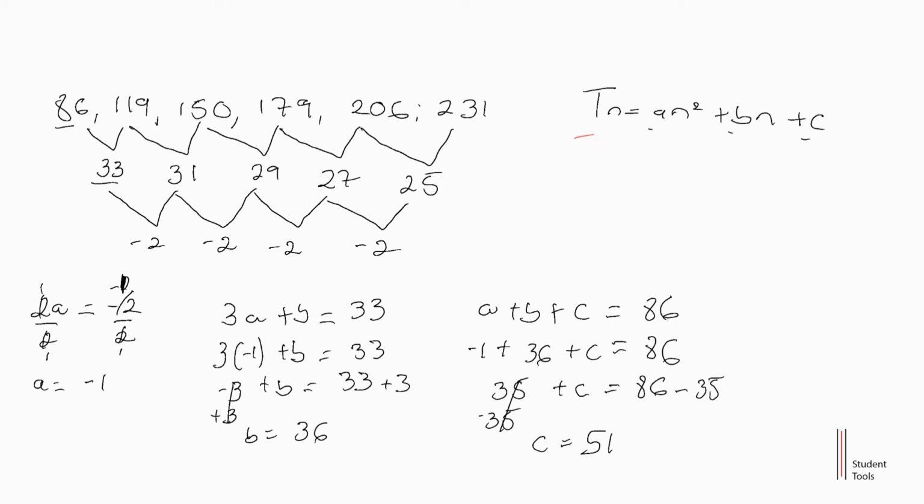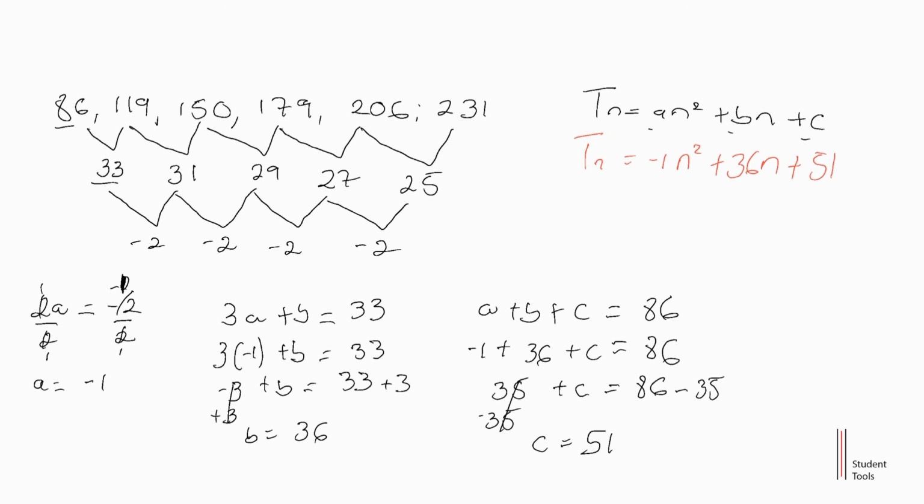So now we have Tn equal to A is -1, -1 and squared, plus B is 36 and plus C, which is 51. So let us write this formula correctly, because it cannot be like this.